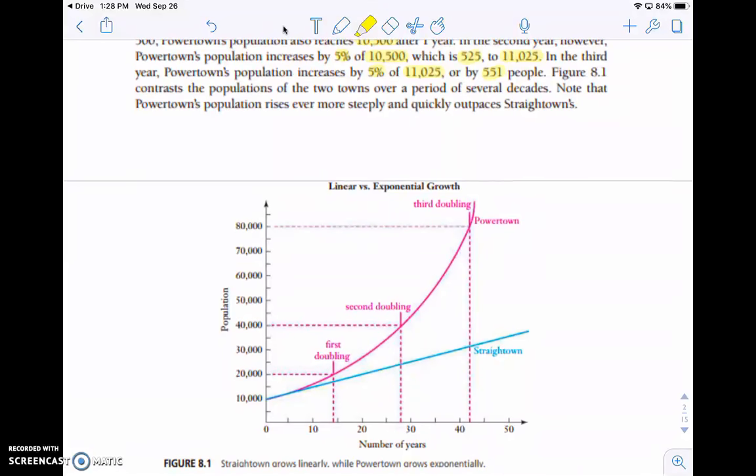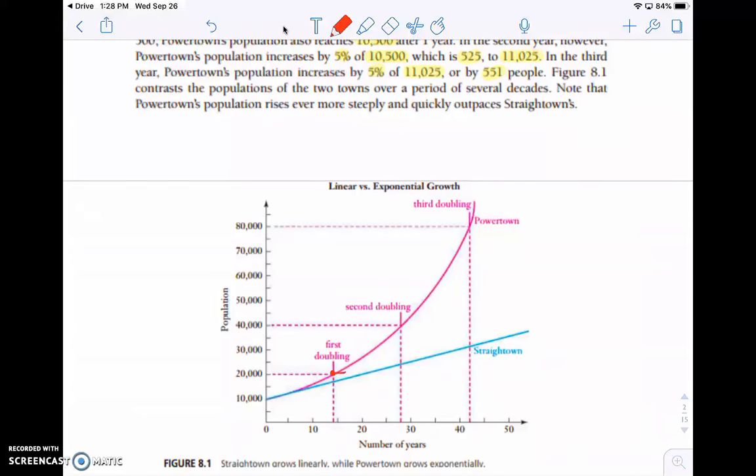So when we look at the population growth, we see Powertown growing at what we call an exponential rate versus Straytown, which grows at a linear rate. The first time the population doubles is right here. It's about 14 years or so down the road for Powertown.